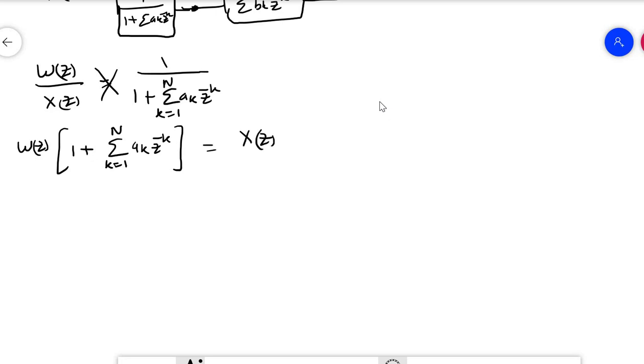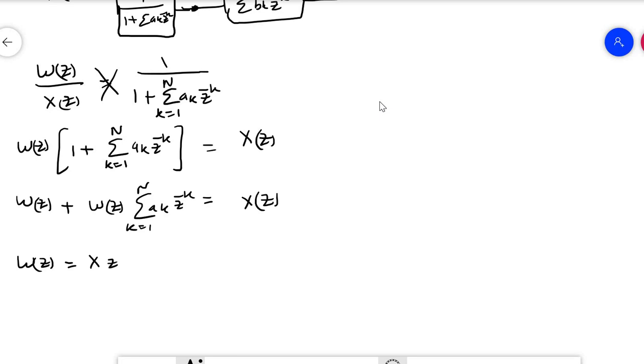Then after that, W(z) plus W(z) summation 1 to n ak z minus k equal to X(z). So the output is basically W(z). So W(z) is equal to X(z) minus W(z) summation 1 to n ak z minus k. So solve this.